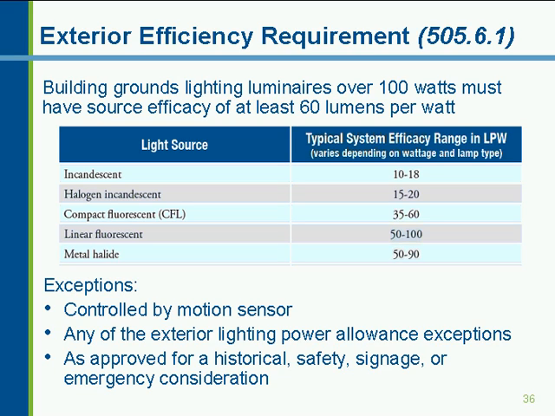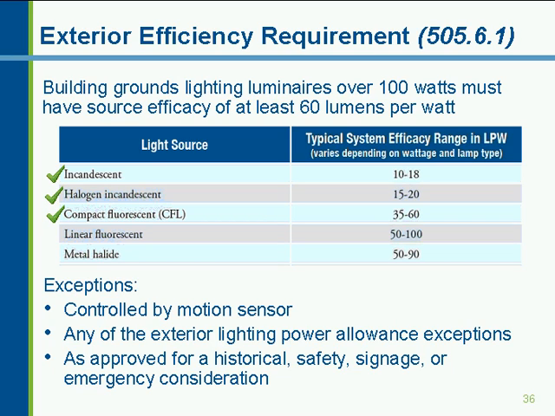There's also one exterior efficiency requirement, and that is that all building grounds lighting, if it's over 100 watts, must have a source efficacy of at least 60 lumens per watt. And if you look at this table of general lighting sources, you'll see that that 60 lumens per watt is going to restrict the use of incandescent, halogen, and some compact fluorescent. But again, this is for luminaires over 100 watts.